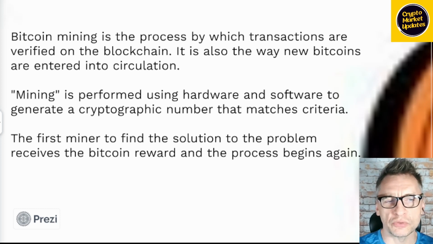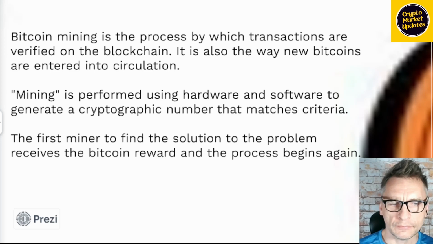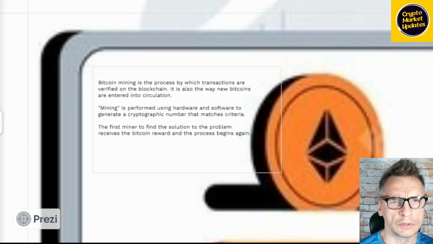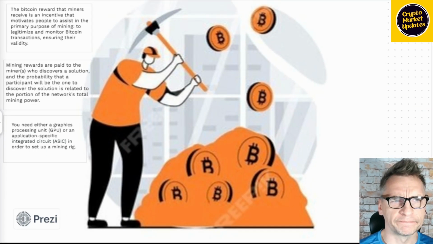So the first miner to find the solution to the problem receives the Bitcoin reward, and the process begins again. The computers figure out what the hash is that represents that particular transaction. Hope that makes sense, in some convoluted way.